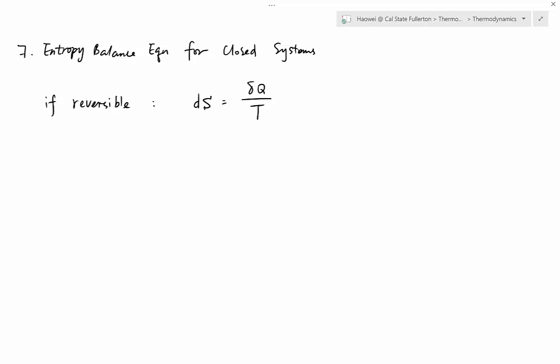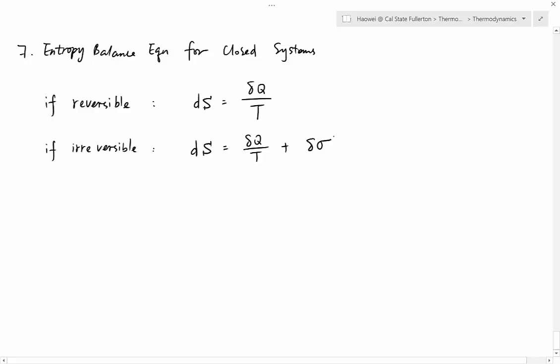What is going to happen to this equation? Still, the left-hand side will be derivative capital S. The right-hand side will still be delta Q over T, but we add one more term, delta sigma. Do you remember sigma?